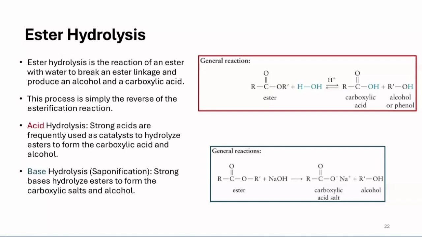In the hydrolyzed form of an ester, what we form is a carboxylic acid salt and an alcohol. Base hydrolysis of an ester is actually the reaction that is utilized in order to make soap. Let's look at some examples of predicting the products to see how we are going to write the products of either acid hydrolysis of an ester versus base hydrolysis of an ester.